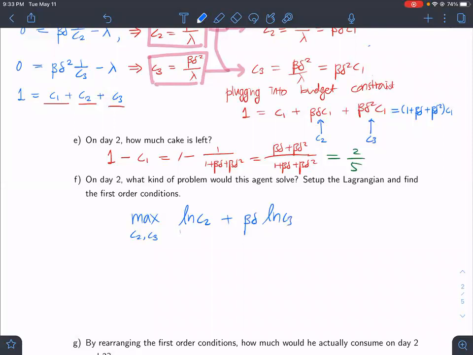I'm a present biased guy. If I come to day 2, now I discount with beta delta. So I discount all future consumption with beta, and then I'm using discount factor delta for each day.